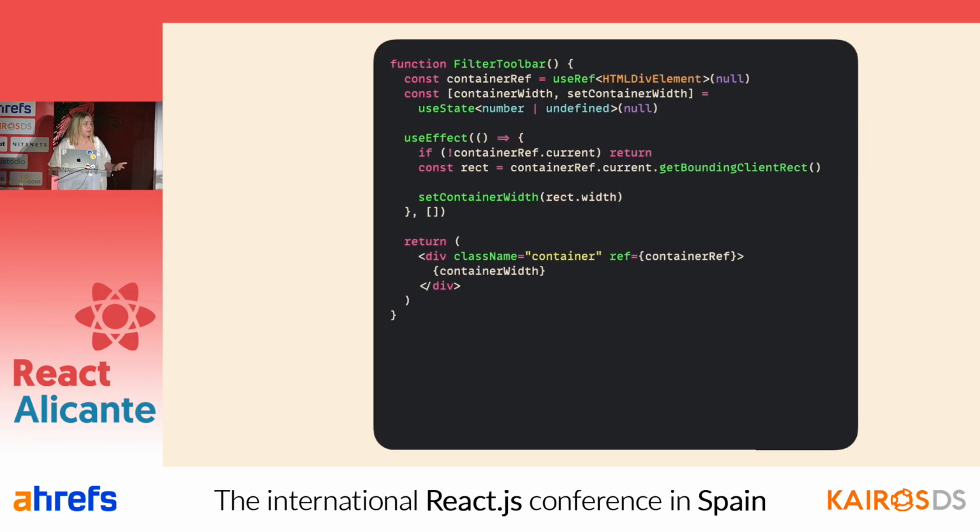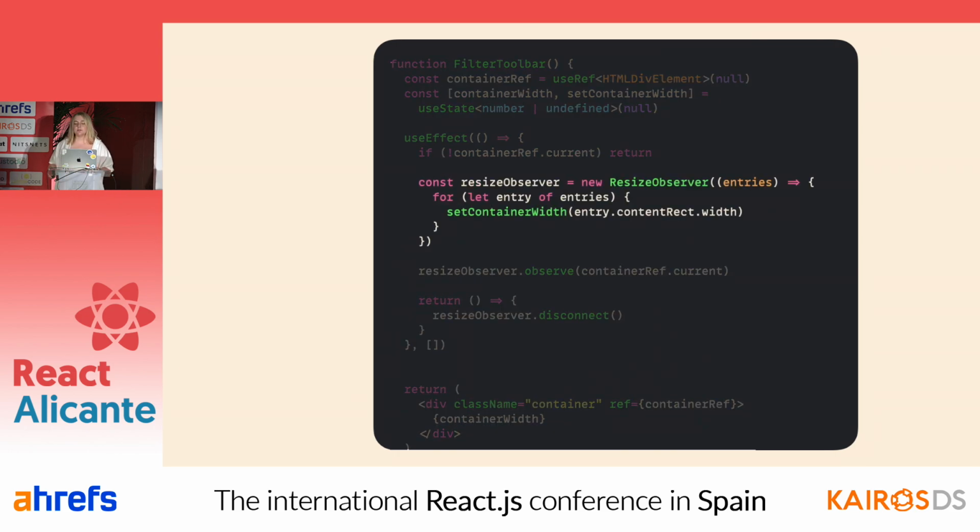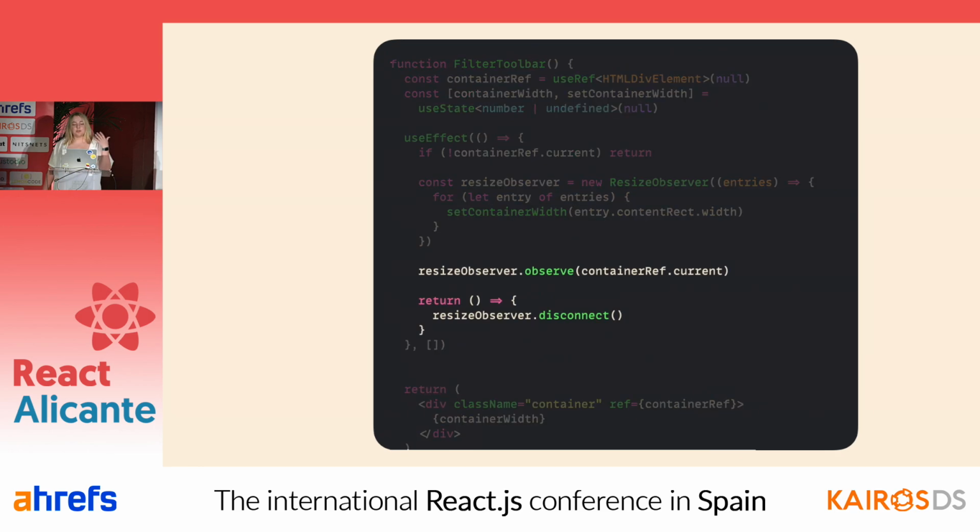So in order to do that, we can use the Resize Observer API. It is kind of like window on resize, but on a specific element. So we can provide an element we want to observe, and then make our updates in the callback when the dimensions change. For example, here we are setting the observer on the container, and we disconnect when the component unmounts.